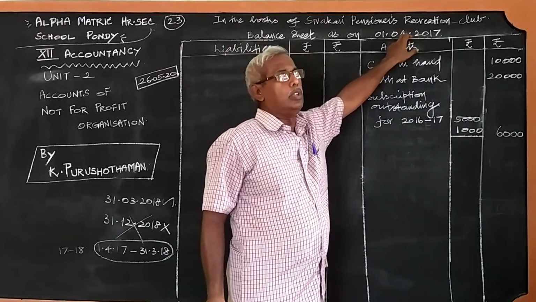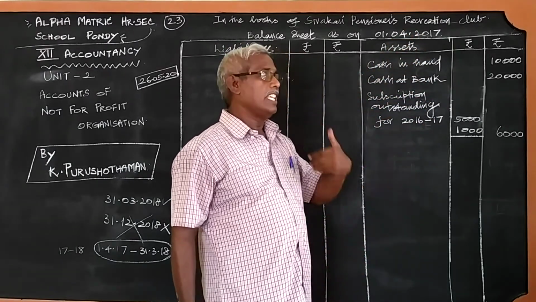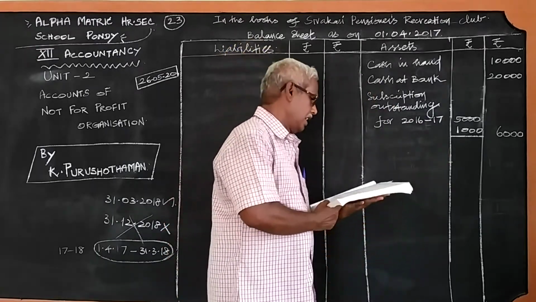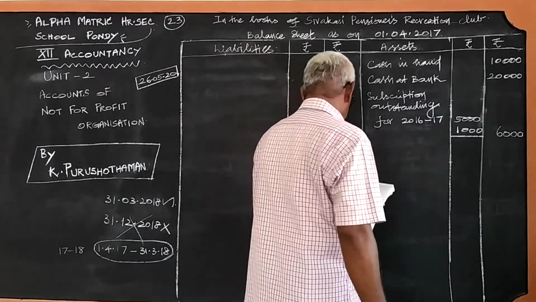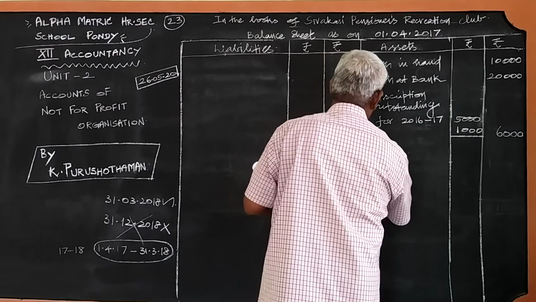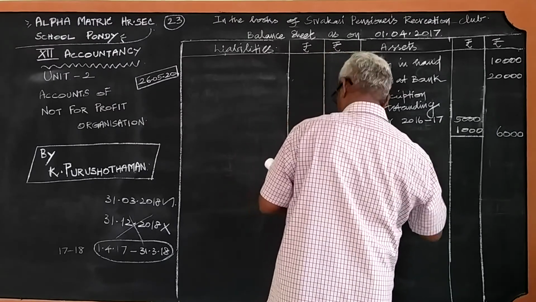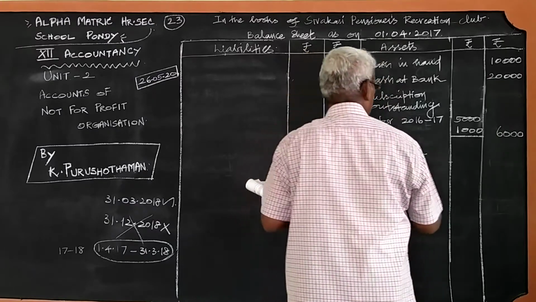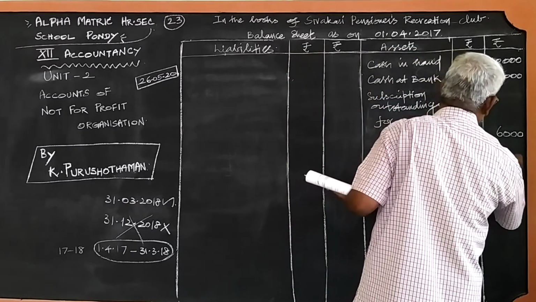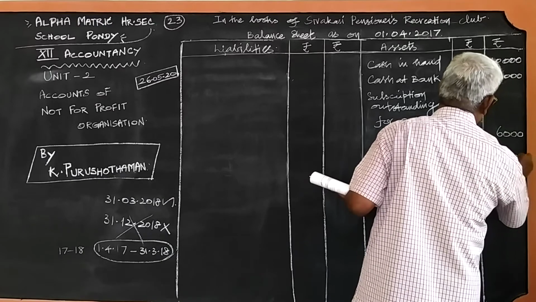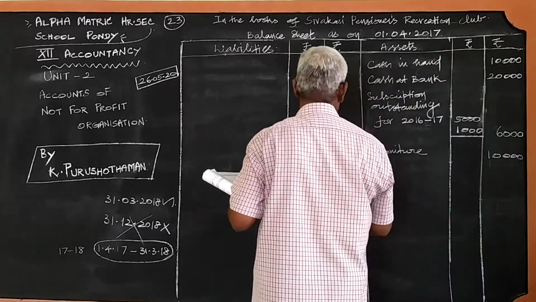As on 1/4/2017, there is an asset which is called furniture. Furniture 10,000.